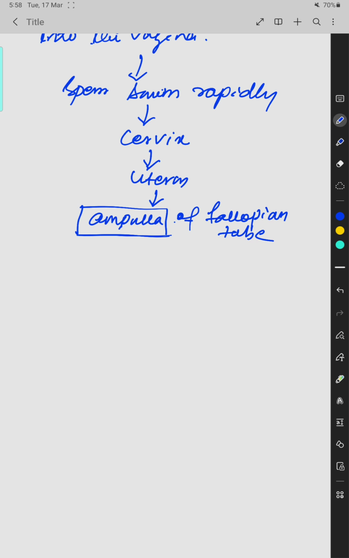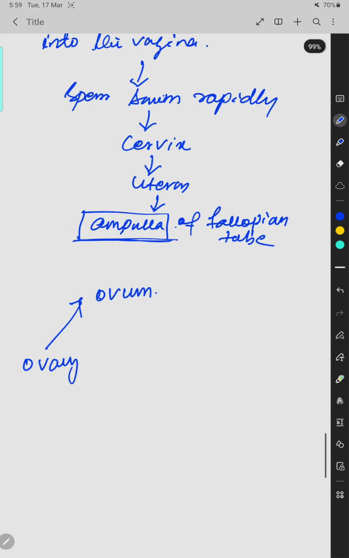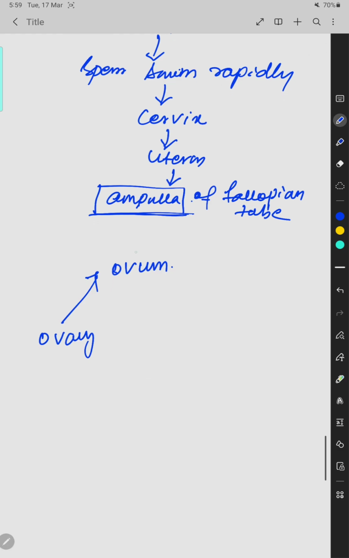So now the sperm has reached the ampulla of the fallopian tube. If simultaneously the ovary releases the ovum, and the ovum moves up to the ampulla, then there is a chance of fertilization.